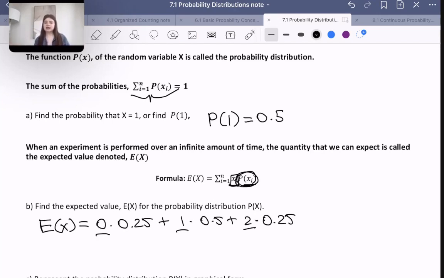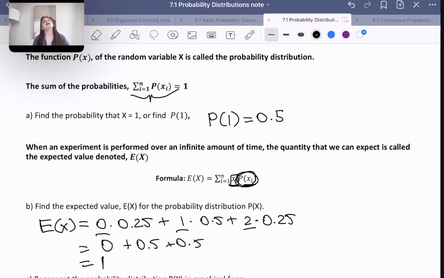Then we add all these together and we get 0 plus 0.5 plus 0.5, which is 1. So that means our expected value, the value we're expecting to get, that average value, is going to be 1, right? Which means we're going to get a heads and a tails.